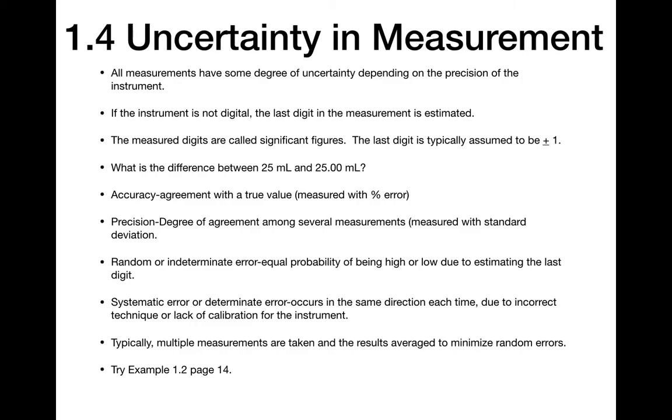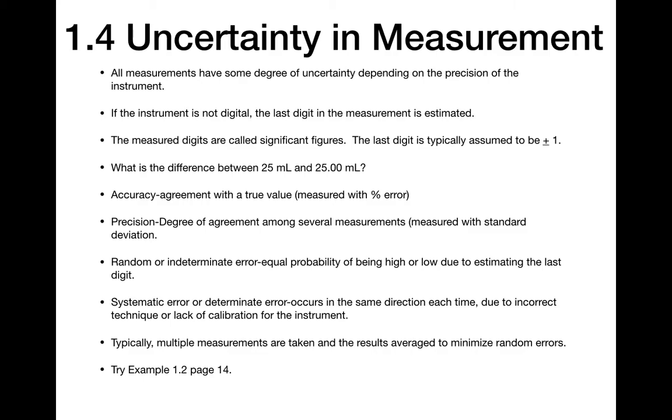Precision and accuracy are often used interchangeably, but they shouldn't be. In fact, they have a difference in their definition. Precision is actually how well you can repeat, or what is the degree of agreement between several measurements all measured the same way. And so if you're sent to lab to measure something and to measure it multiple times to be sure that you're getting it right, that's what we mean by precision.